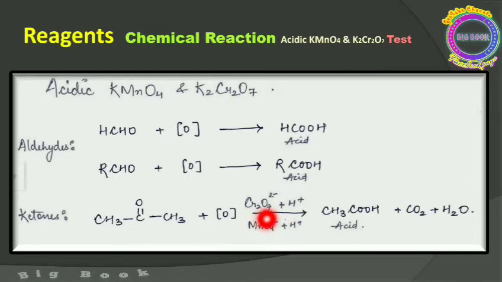Here Cr2O7 2- plus H+ has been observed, and here you can see the carboxylic acid with the carbon dioxide and the water released. So this is how the acidic KMnO4 and K2Cr2O7 is going to react.